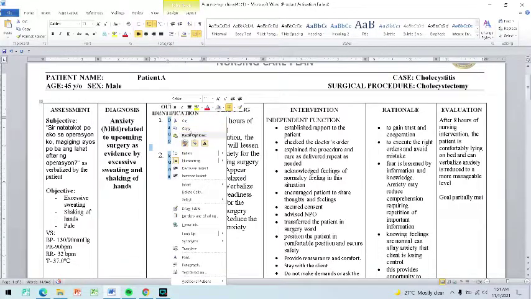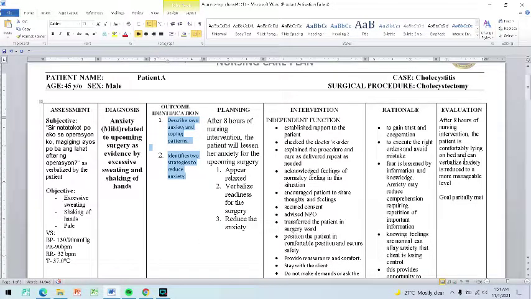So in past form, patient is lying comfortably on bed and can verbalize anxiety is reduced to a more manageable level, goal partially met. Okay, you can write it that way, but it would be most appropriate if you would address the outcome identification because that is our main goal.